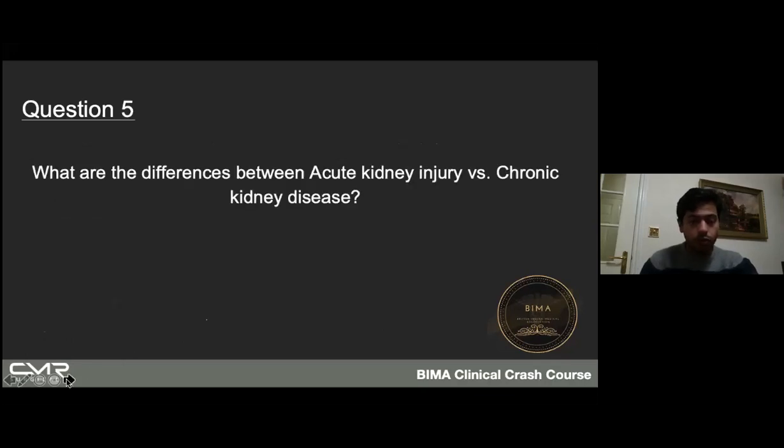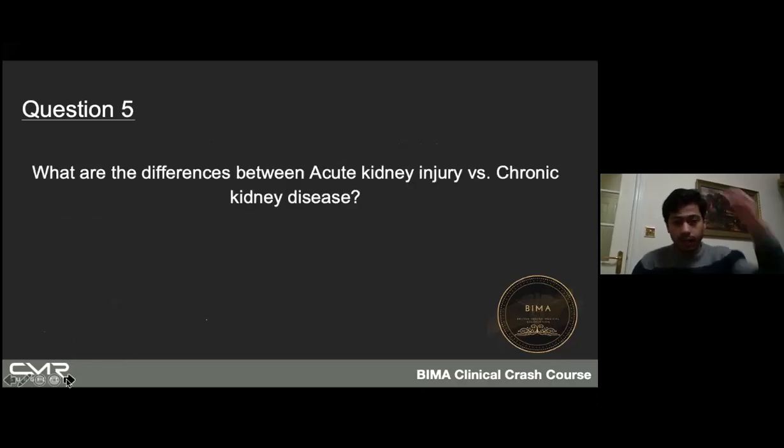That's question 4. And the final question is, what are the differences between acute kidney injury versus chronic kidney disease? I'm going to leave it open to all of you to put in the chat box. What do you guys think are the other differences?